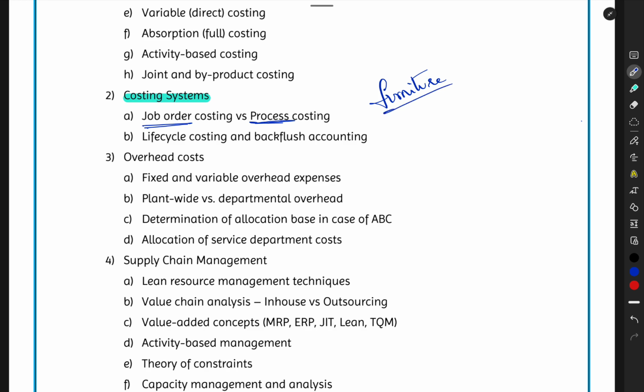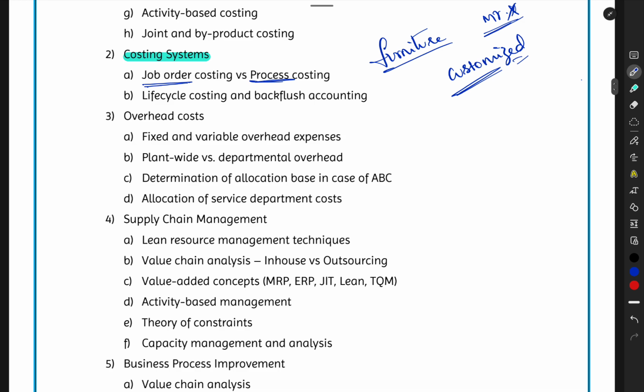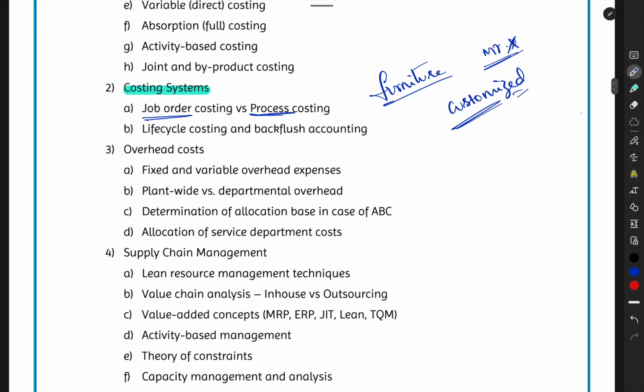A customer, Mr. X, came to you and ordered a customized interior order, like one TV unit, one six-seater sofa set, an eight-seater dining table, whatever items he wanted. He gave you a list and asked you to create that as a customized product which you cannot sell to anybody else. So this will be considered as a separate job.